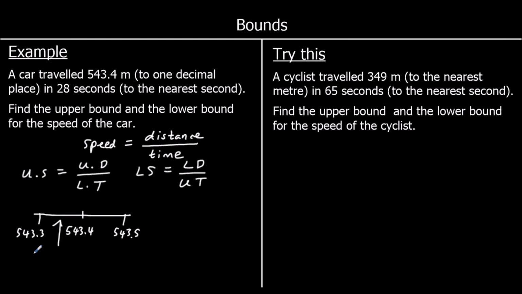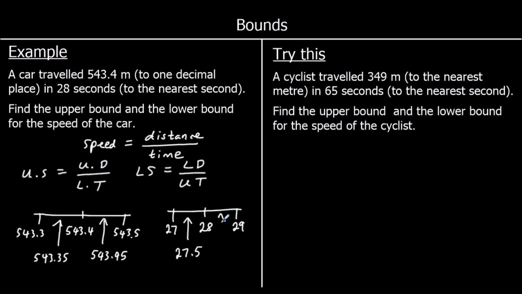So the lower bound is 543.35. And the upper bound, 543.45. And for the time, so it's 28 seconds. The one up is 29. The one down is 27. So the lower bound is 27.5. And the upper bound, 28.5.